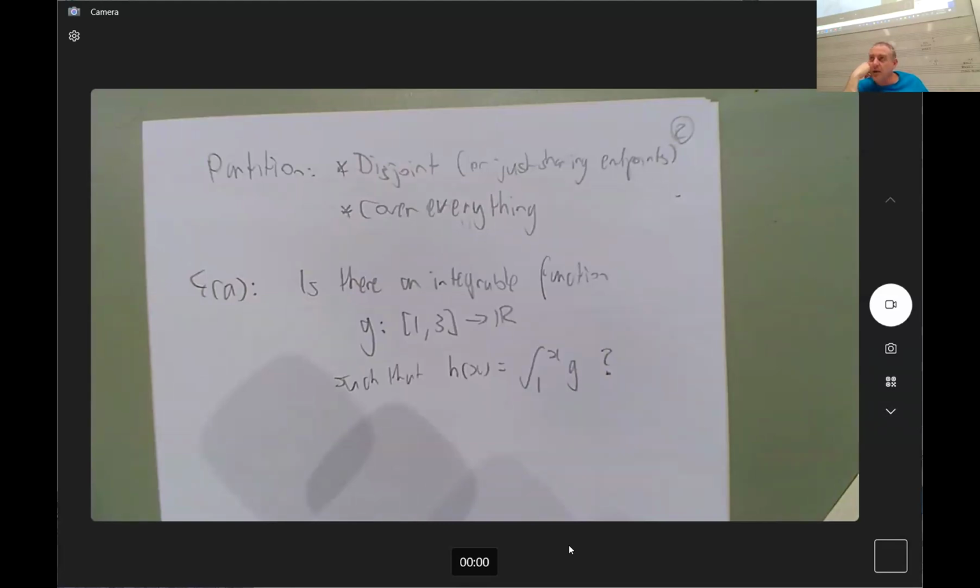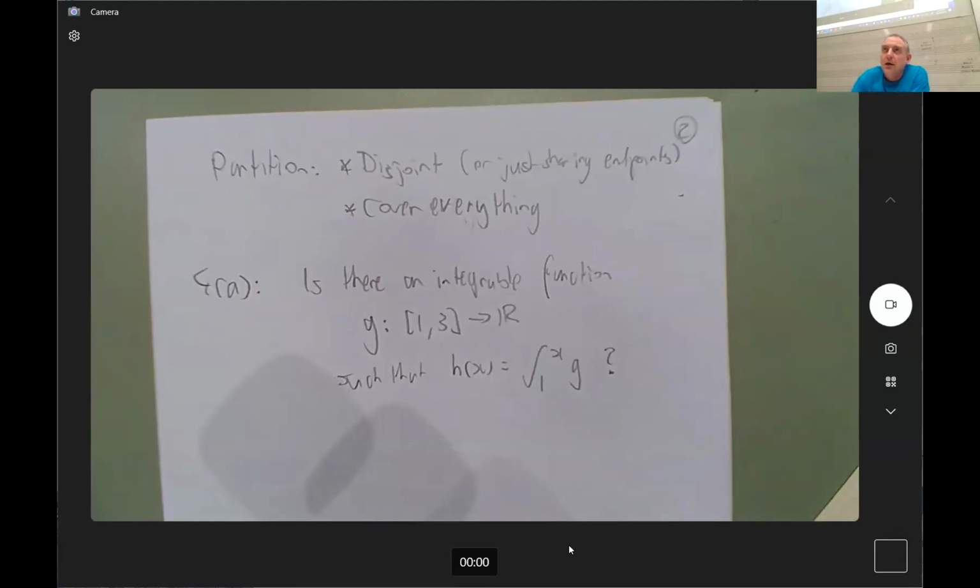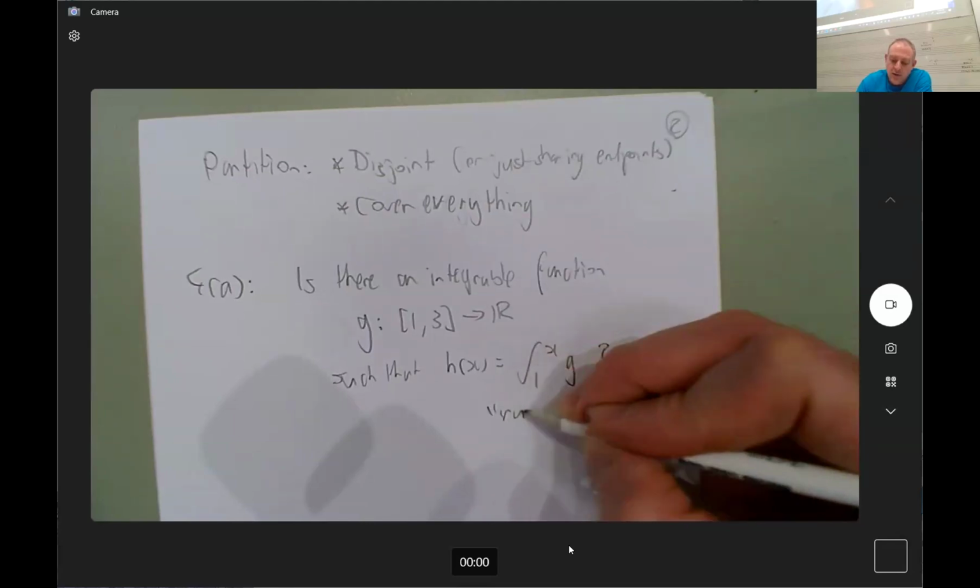Because of the fundamental theorem of calculus part 1. Does your lecturer do the fundamental theorem of calculus in two parts? Part one says that if you have an integrable function g and you create a new function which is the running total integral, in my head this is called a running integral.